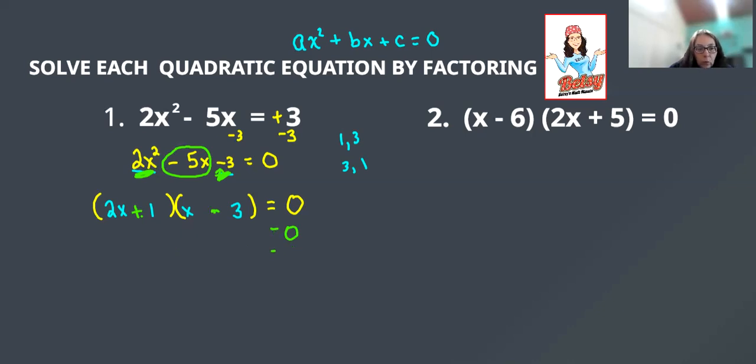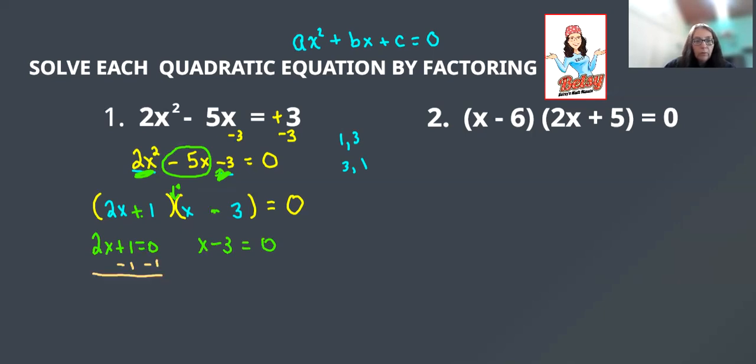So I want to know, when does 2x plus 1 equal 0? And when does x minus 3 equal 0? Remember, there's nothing between these parentheses, so that means times. On this first one, let's solve for x. I'm going to solve by getting rid of the 1. So I get 2x equals 0 minus 1, which is -1.